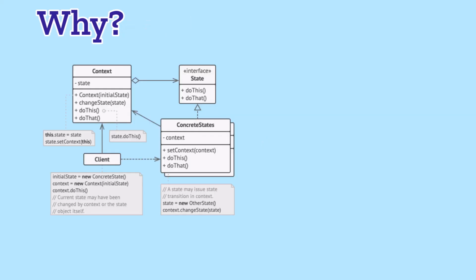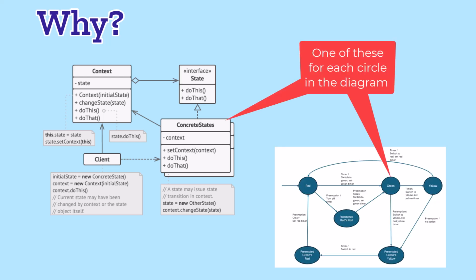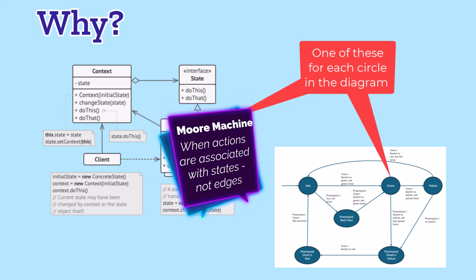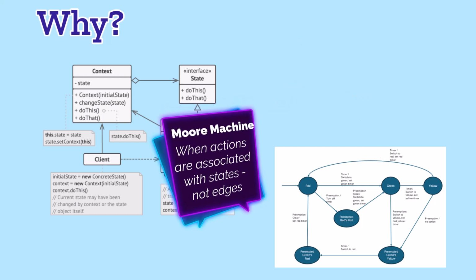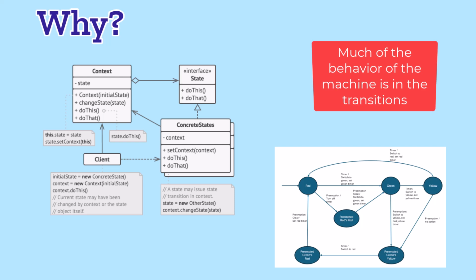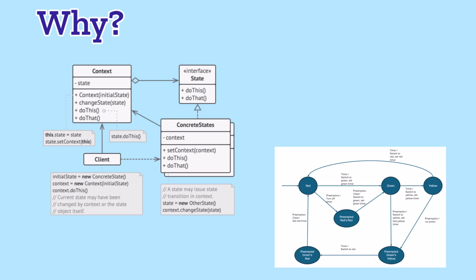Given this standard design pattern for implementing state machines, why do I like this? Well, the standard pattern builds one class for each state. For a Moore machine, where the actions happen in the states, that might make sense. However, much of what we are coding in the state machine diagram is how we transition between states. My concern with the standard state pattern is that it's really hard to check that the code matches the diagram.